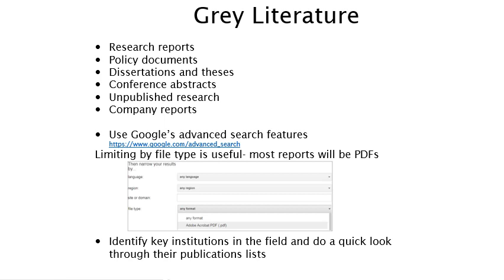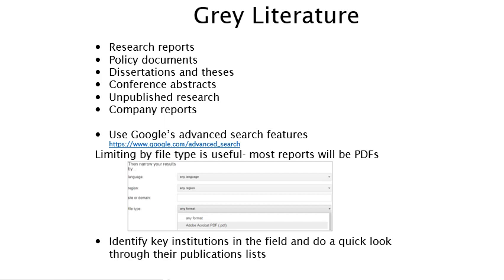Another way of finding the Gray literature is through the news reports and the news channels, and they all have websites. You can search from Google as well, and Google can really be helpful in finding the Gray literature. Key institutions in the field can also be looked up, and their publication lists can also be searched.